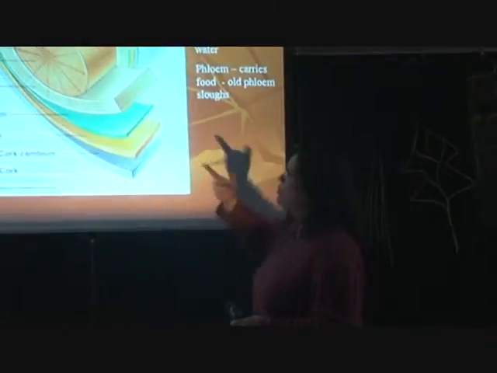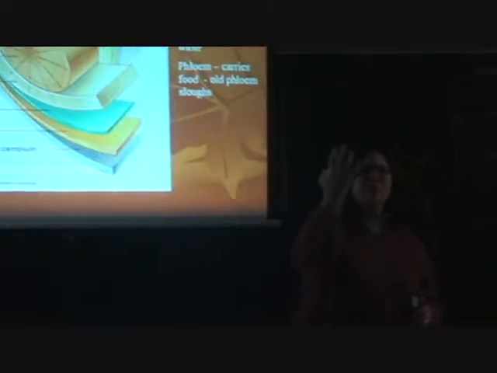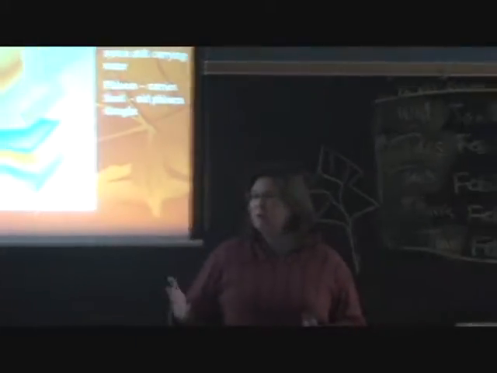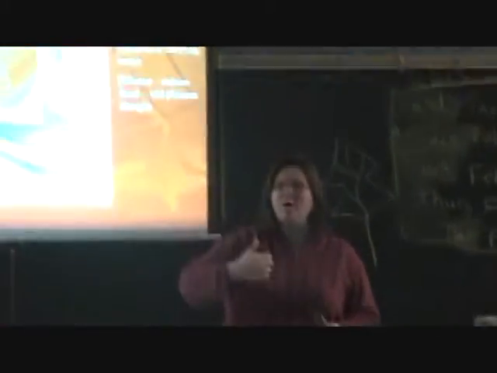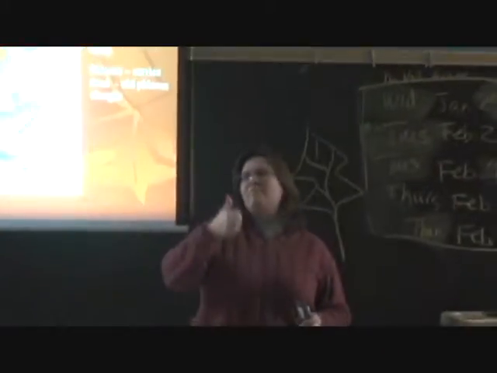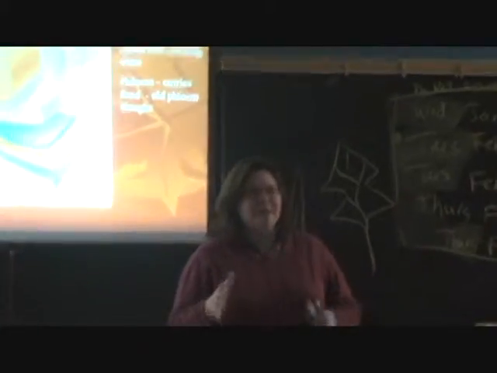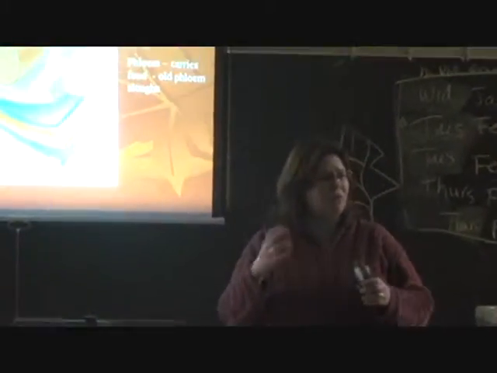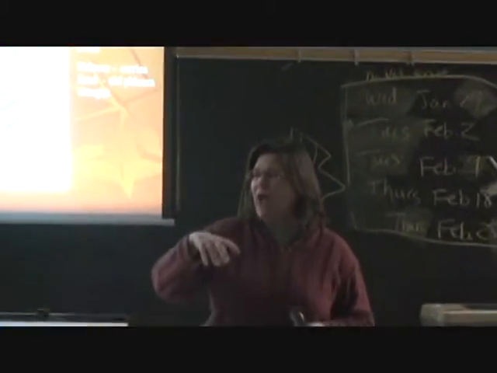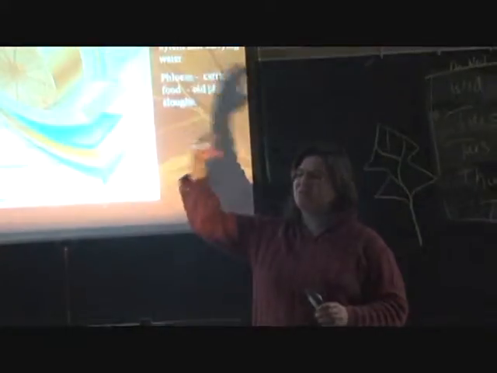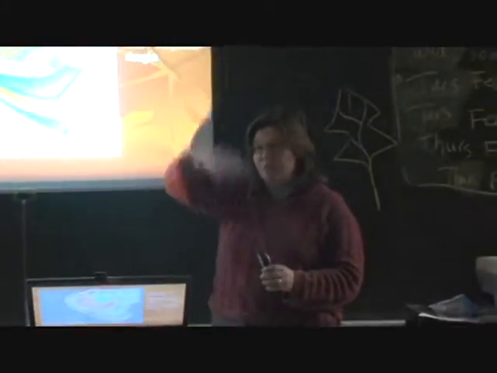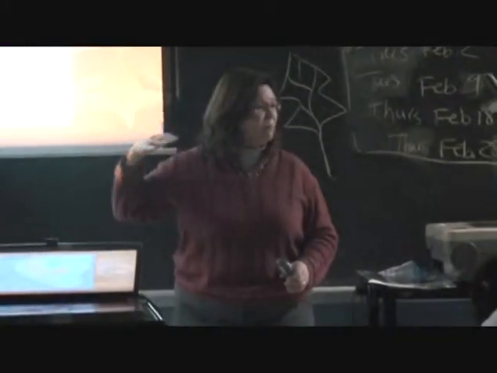But what happens is, as the water moves up through them, when it doesn't move during the winter, because does anybody know, this is next week's lesson, but what's the force that makes the water come up from the... Yeah, it's cohesion and adhesion, but that's not really a force. That's what keeps it moving. What actually makes it move is transpiration, the evaporation out. As the water evaporates out of the leaves, that makes a sucking force, which pulls the water up from the roots.